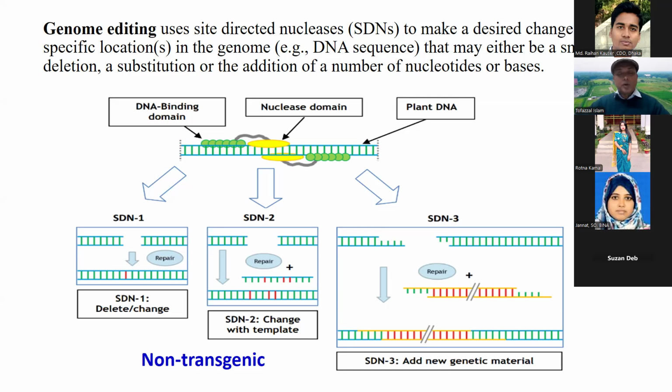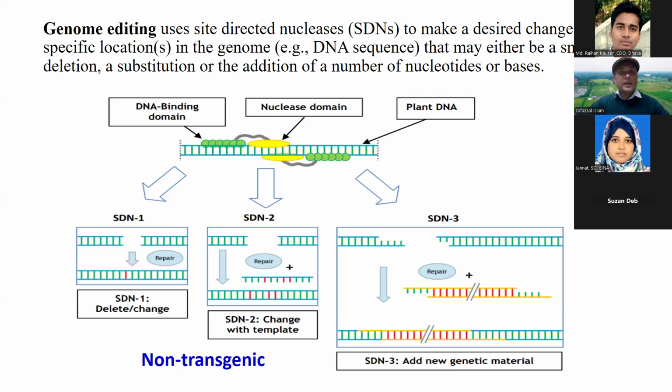In our country, NIB, BRRI, and also Dhaka University have developed many edited lines. In our case, our students visited the UK, and in Sufyan's and Nick's labs, they edited wheat plants and screened lots of seedlings, 7,000 edited lines, because wheat is very complicated.